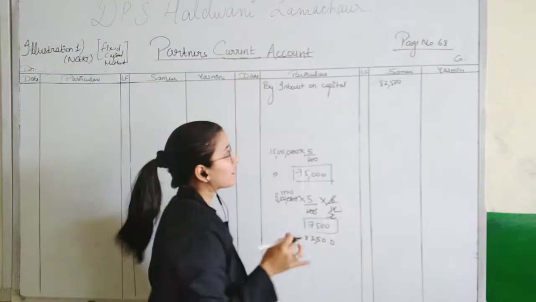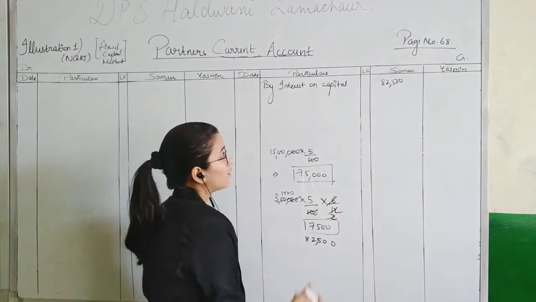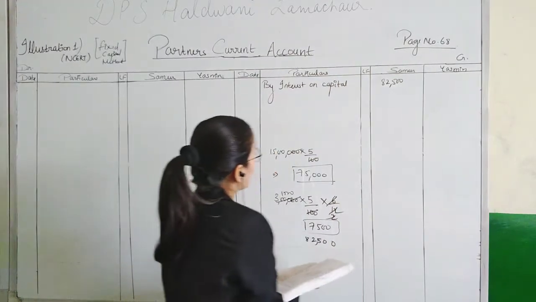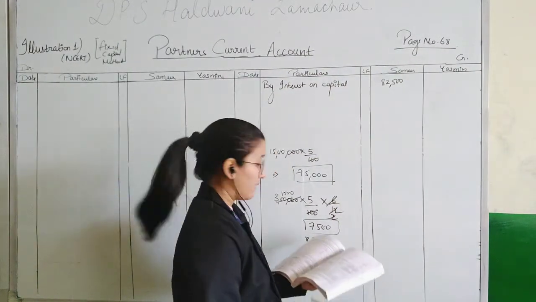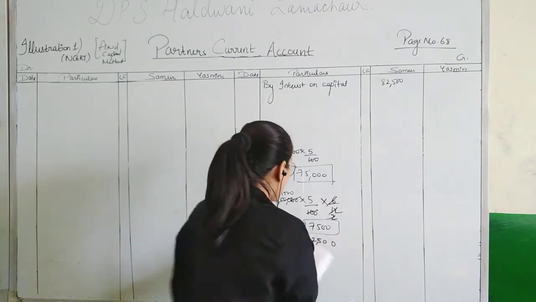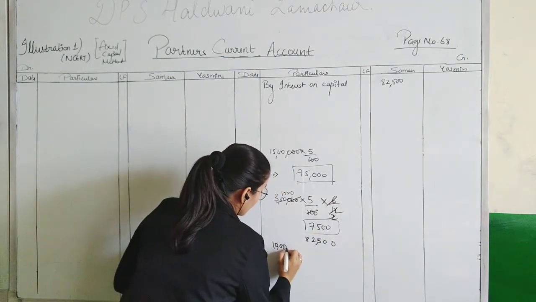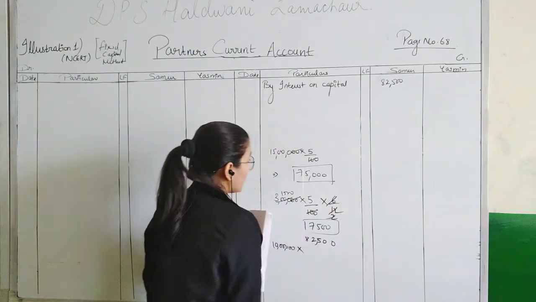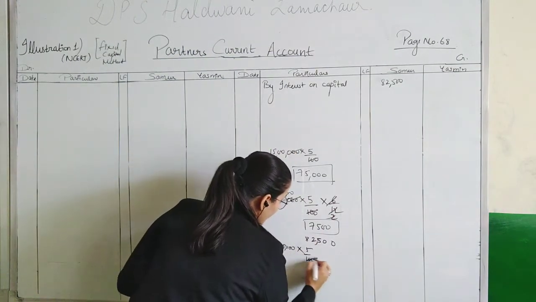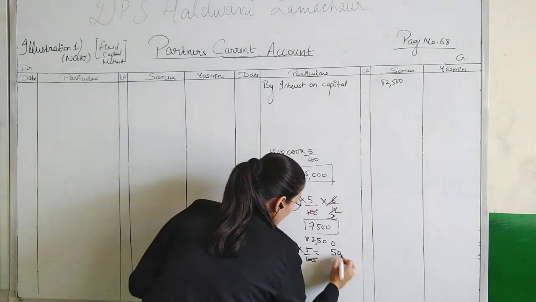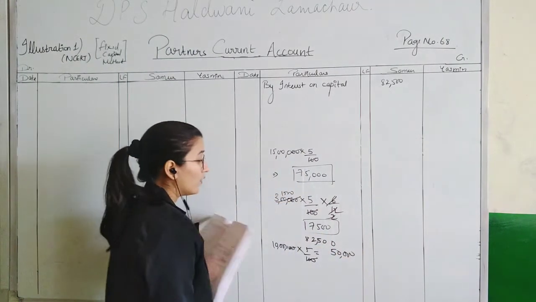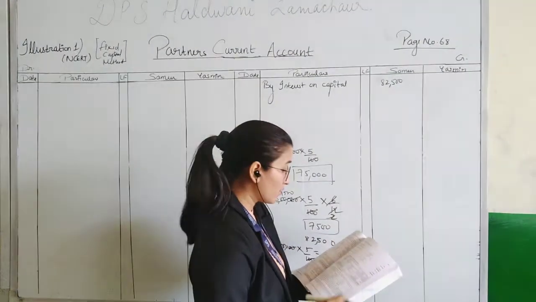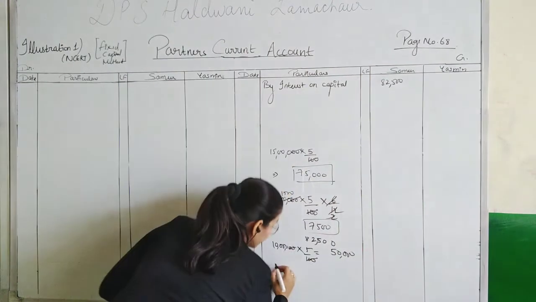In the same way, we will calculate the interest on capital allowed on Yasmin also. So here Yasmin has brought in the capital amounting to rupees 10 lakh. Interest on capital charged during the year is 5%. This will be 50,000. Now, Yasmin has also brought in additional capital amounting to rupees 2 lakh.